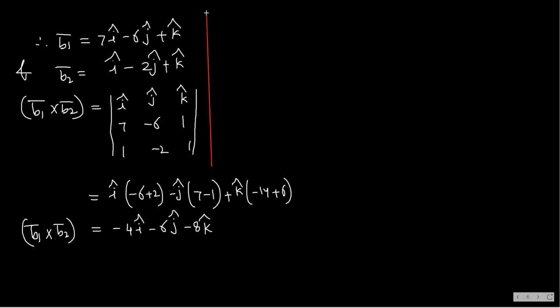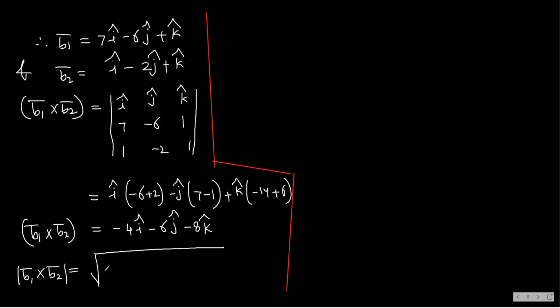So what is the next step that I will write? The next step is the mod of b1 bar cross b2 bar. It will be square root of minus 4 square plus minus 6 square plus minus 8 square.